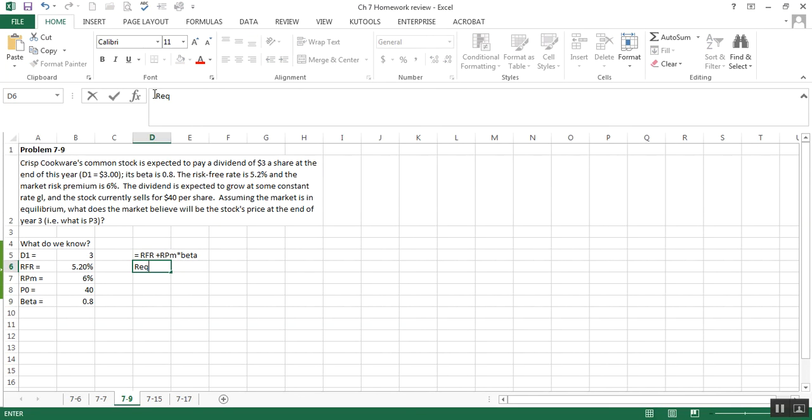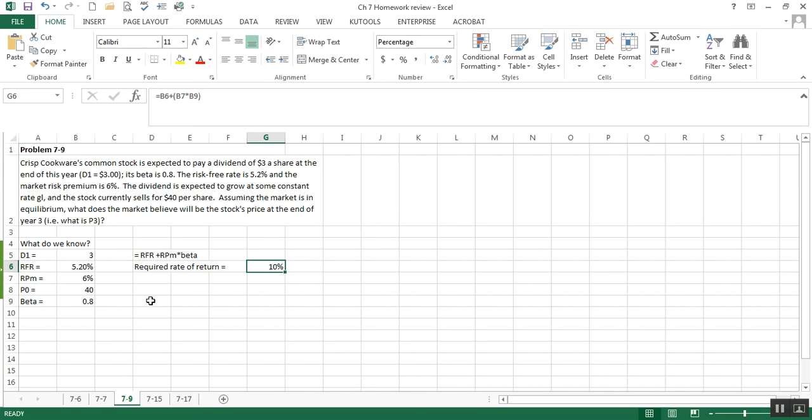Therefore, our required rate of return is going to equal 5.2% plus 6% times our beta, which is 10%. Now where do we go from here?